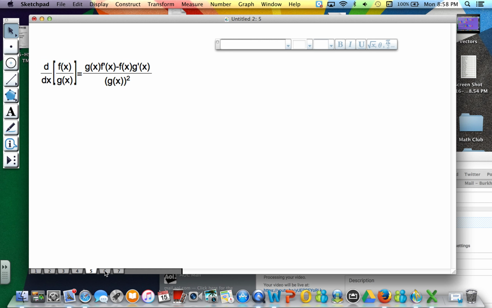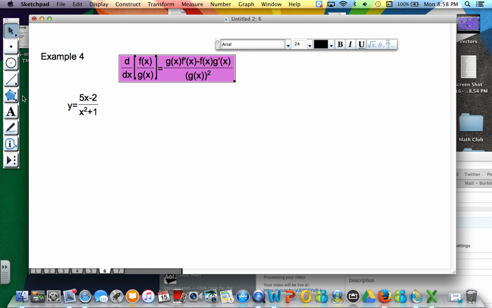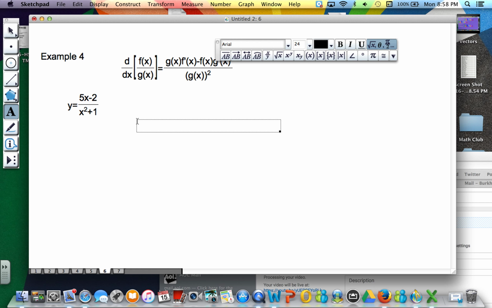Now, let's take that quotient rule and deal with example 4. Example 4 states y is equal to 5x minus 2 divided by x squared plus 1.